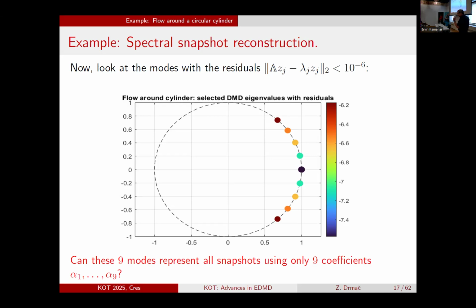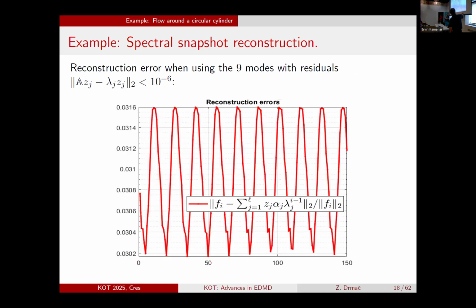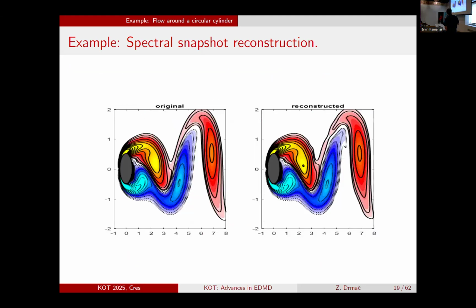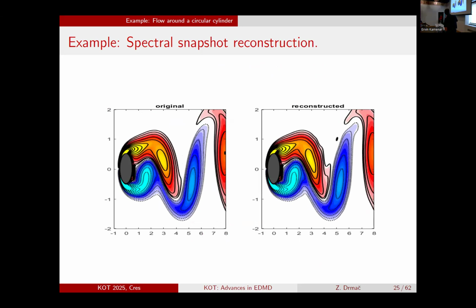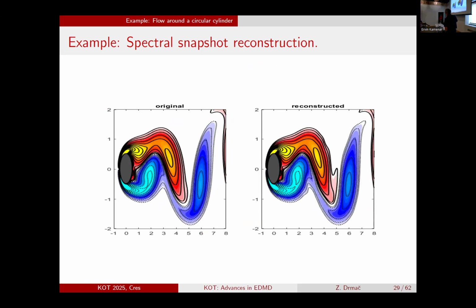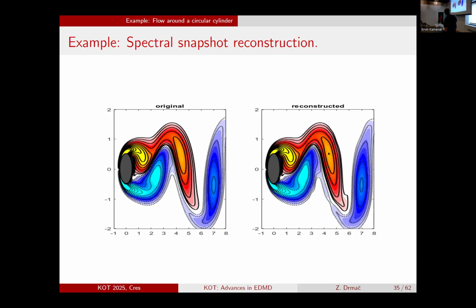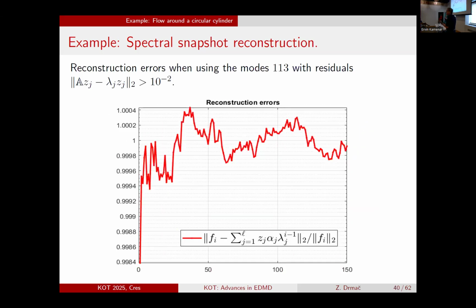So with 4 complex conjugate pairs, we try to represent the entire dynamics, all 151 snapshots. So the error is about 3%, only 9 modes, 4 complex conjugate pairs. For comparison, you can see those, left is original, the right is reconstruction. So basically, to the eyeball metric, they are basically the same, 3% error.